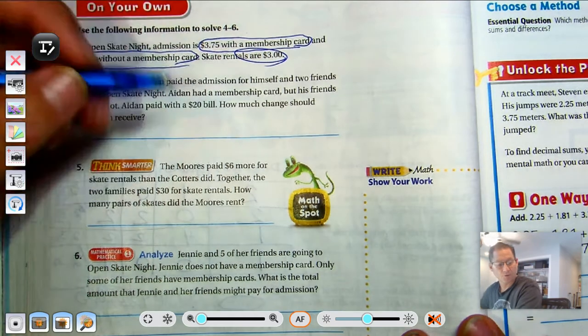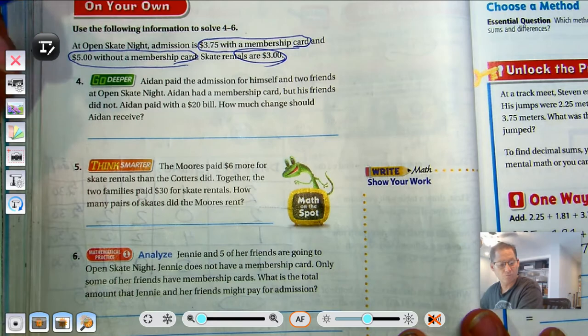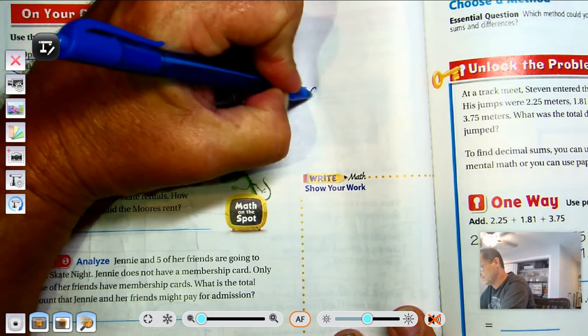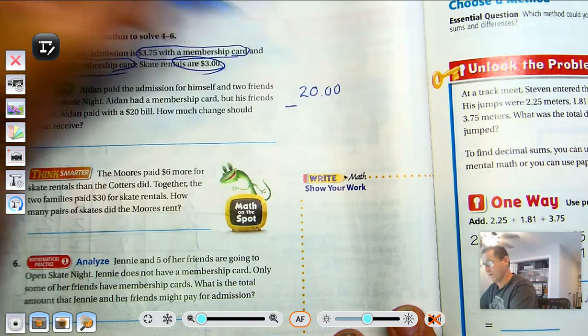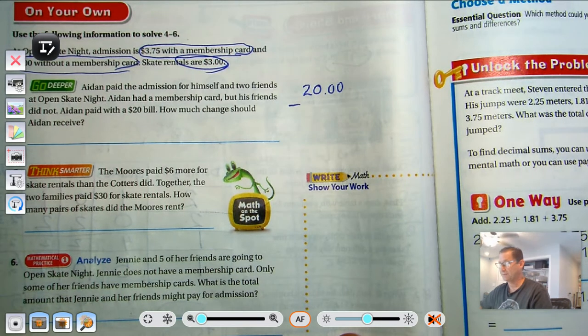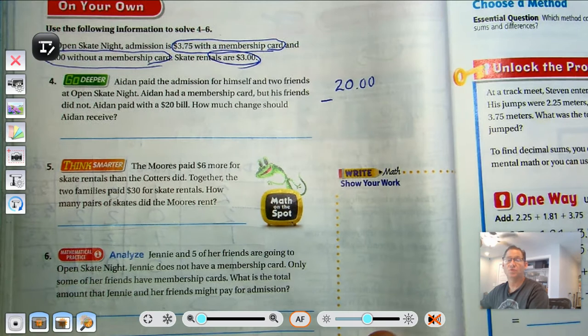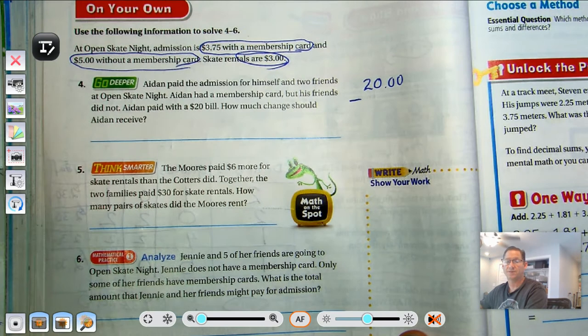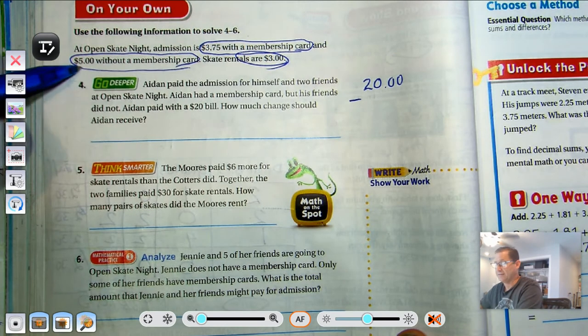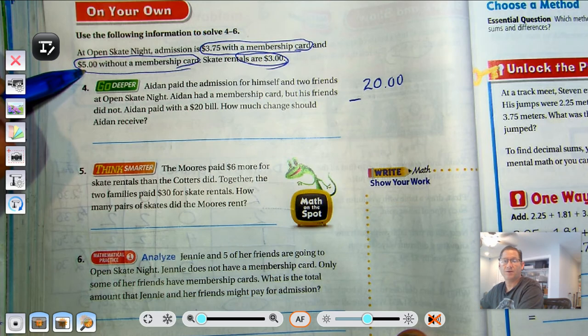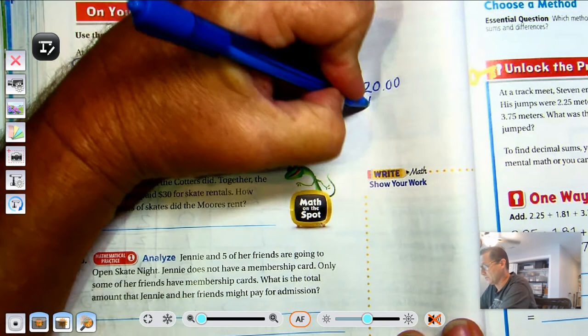Okay, so let's start with the information we know. We know he has $20. And we know he paid for his 2 friends who don't have membership cards. So 2 friends with $5 each, that would be minus $10, right?